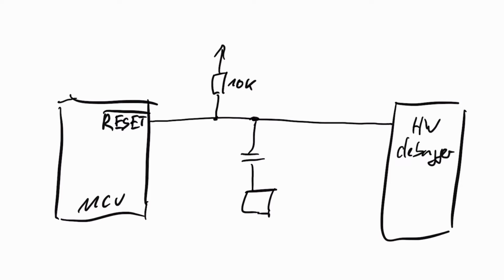The Arduino Uno, for example, has such a capacitive load on the reset line in order to implement the auto reset feature. And that is something you have to remove before you start to debug the Arduino Uno. And I will show you how to do that.